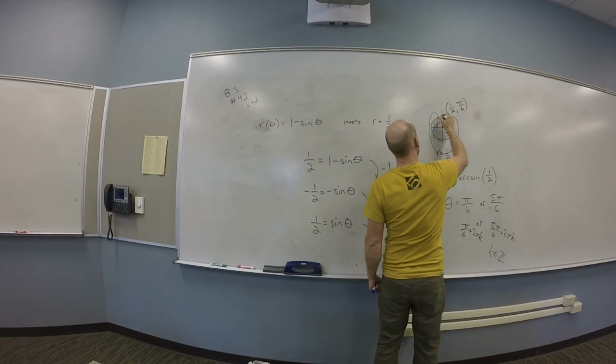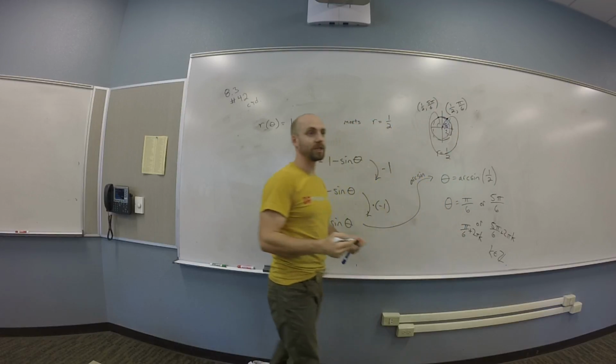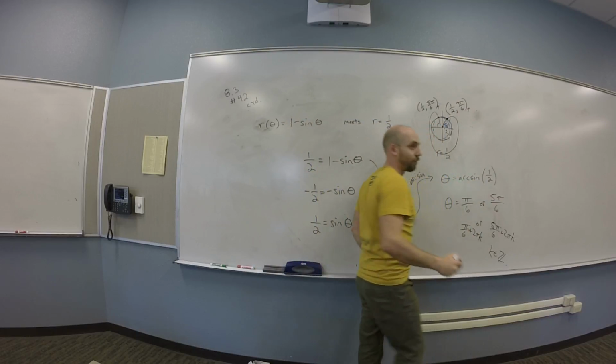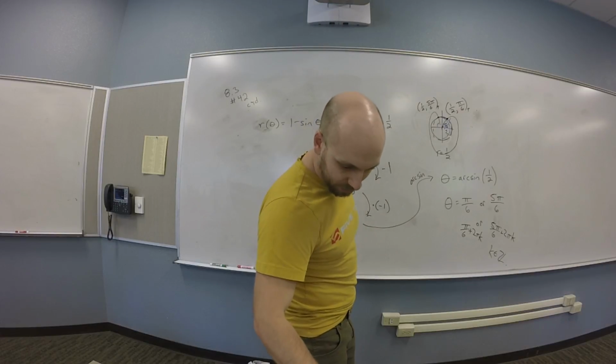And this point over here is radius 1/2, angle 5 pi over 6. So those are the 2 points in polar, right? So maybe I put little P's on those to remind you those are in polar. Okay.